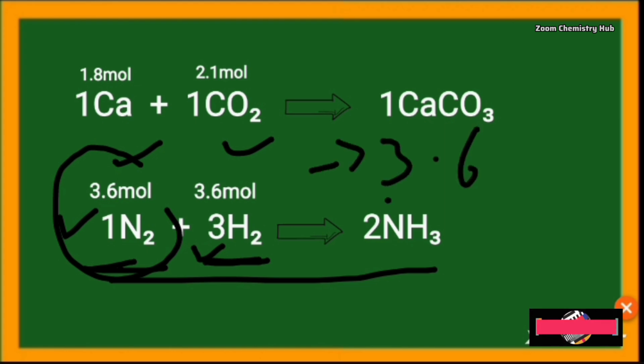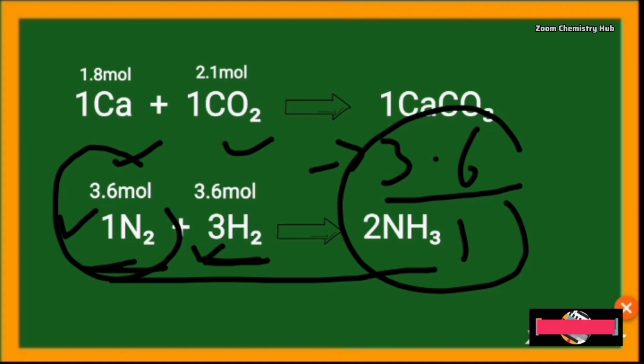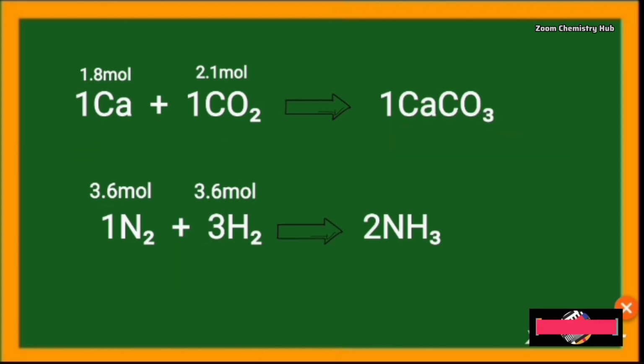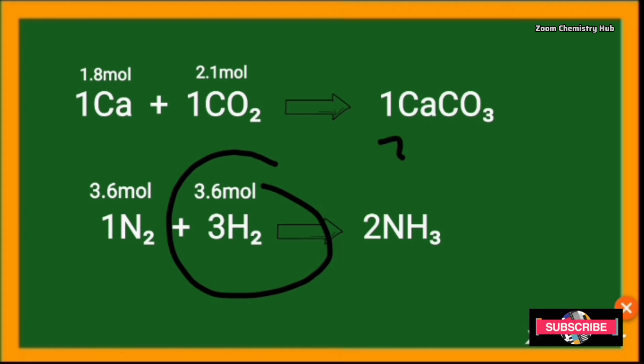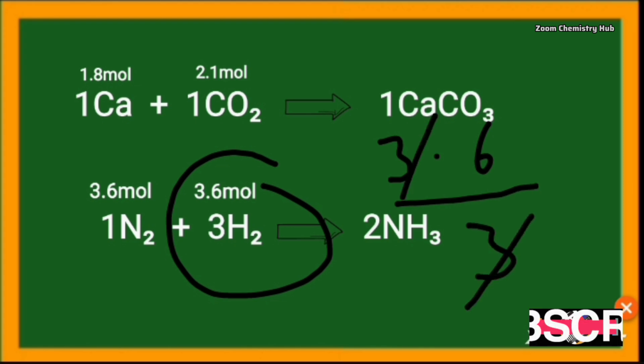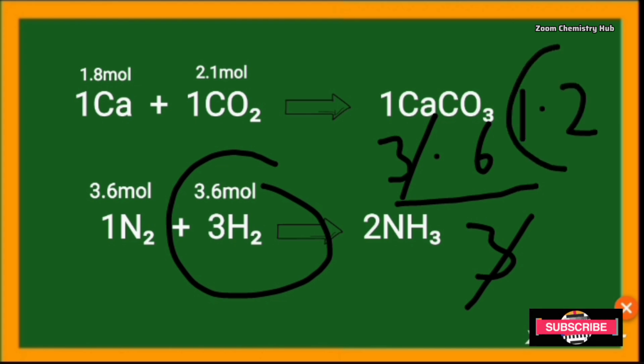For nitrogen, we calculate 3.6 divided by the coefficient, which is 1, so we get 3.6. For hydrogen, 3.6 divided by 3, we get 1.2.